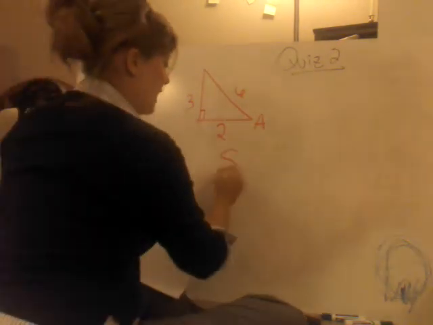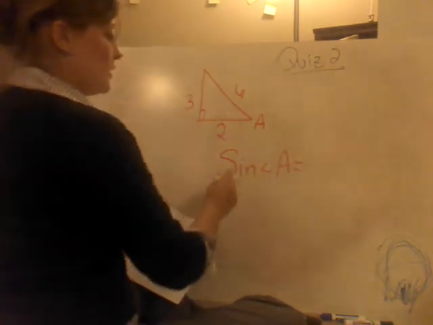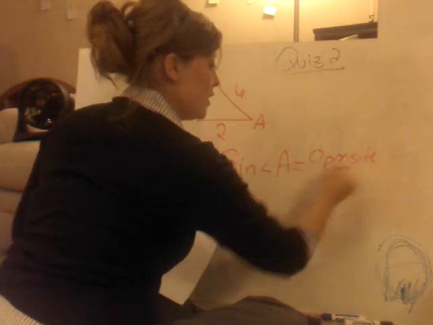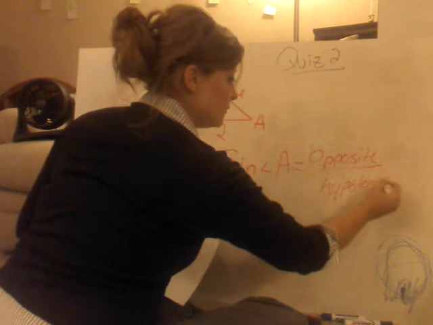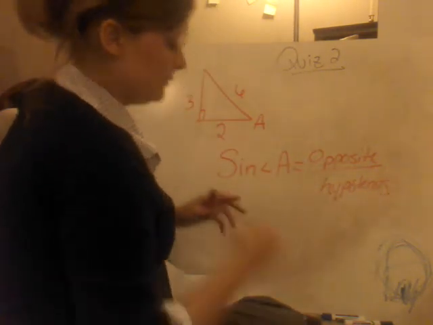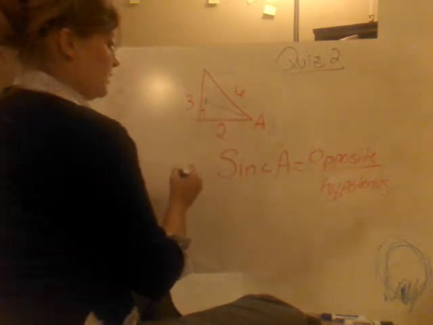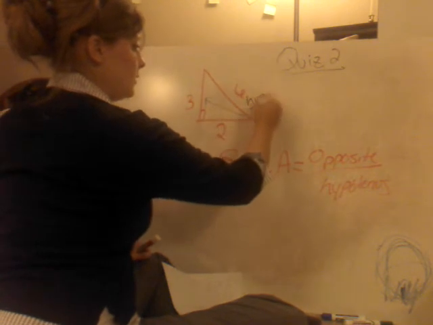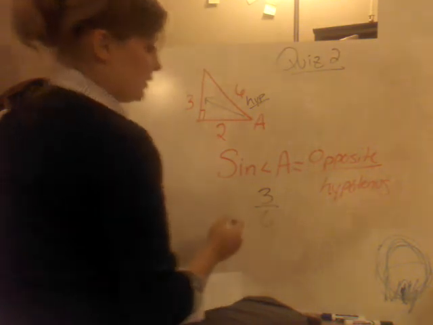So I want the sine of angle A. The sine of angle A is always opposite over hypotenuse. So my opposite, different color, is 3. This directly across is always my hypotenuse. Okay, so my sine is 3 over 6.